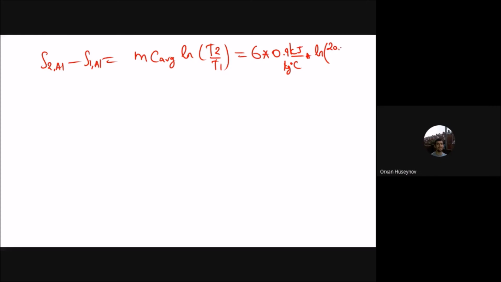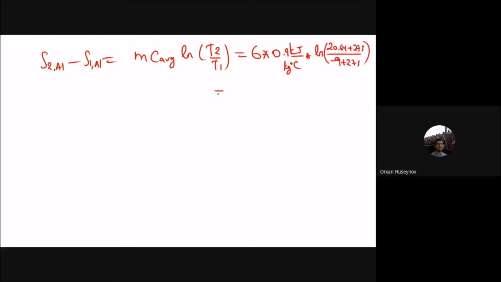S2 aluminium minus S1 aluminium will be equal to m C average ln T2 by T1. The mass of aluminium is 6 kilograms multiplied with the C average of the aluminium, which is 0.9 kilojoules per kilogram degree Celsius, multiplied with the ln of T2, which is 20.64 plus 273, divided by T1, which is -1 plus 273.